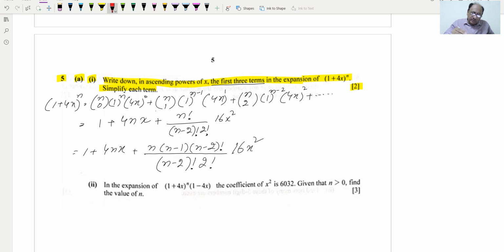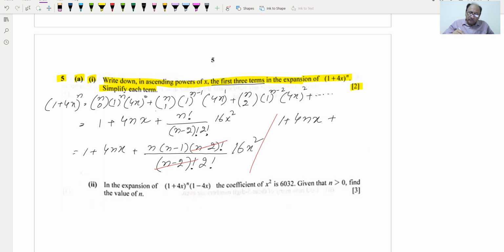Now we can cancel this (n minus 2) factorial, and our answer will be 1 plus 4nx, and plus, we can multiply this. 2 factorial means what? 2 factorial means 2 into 1, which is 2.